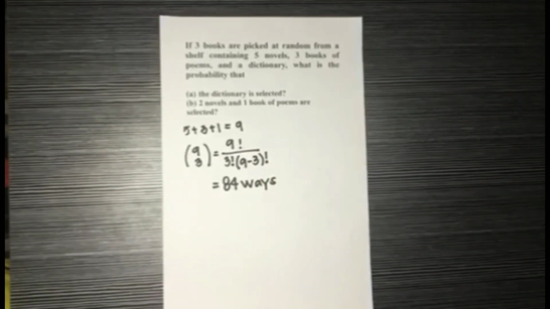We need to find the probability that the dictionary is selected. Among the 9 books on the shelf, there is 1 dictionary. Because the order is not important, we need to use combinations.